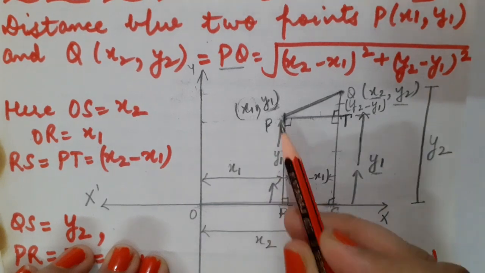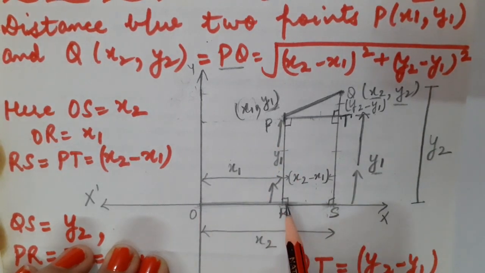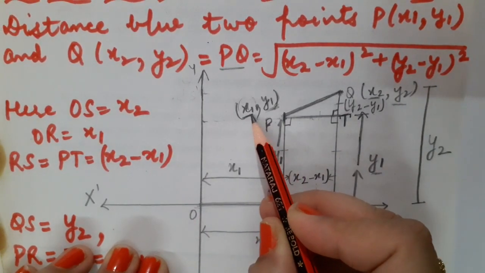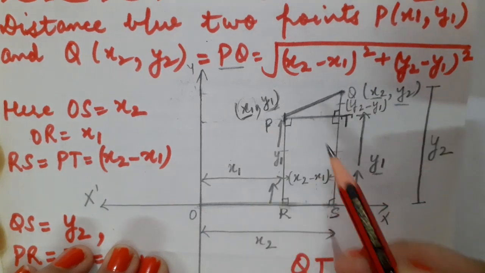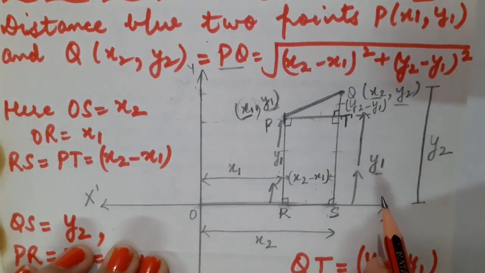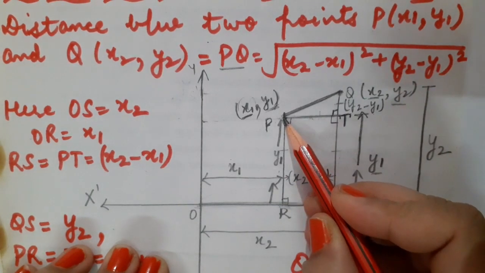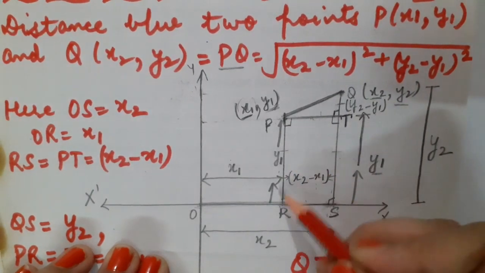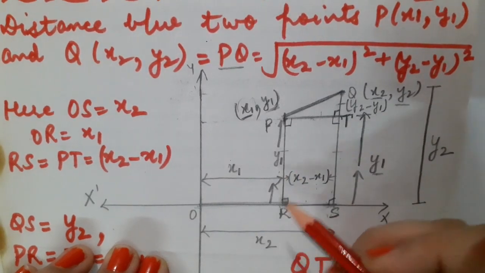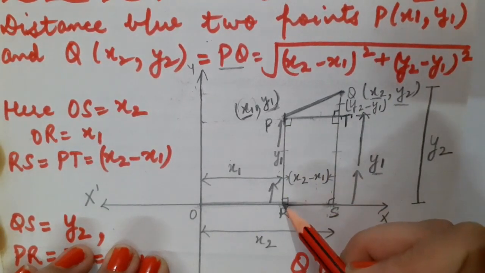So we can say that OR is equal to the x coordinate, that is x1. Similarly, the y coordinate of a point is its perpendicular distance from the x-axis. So what can we say? That this complete length is y1.